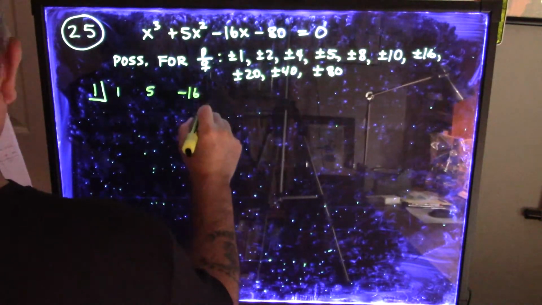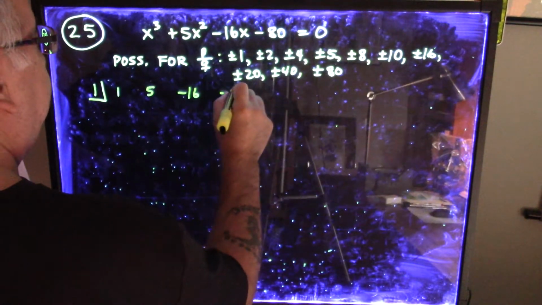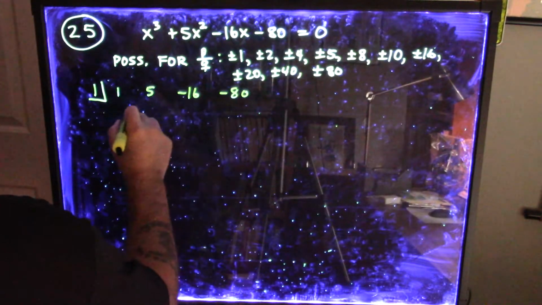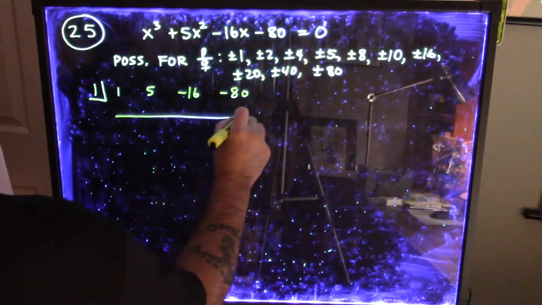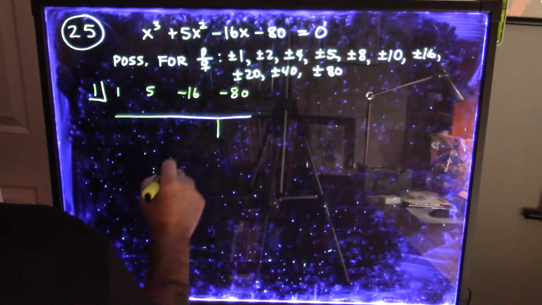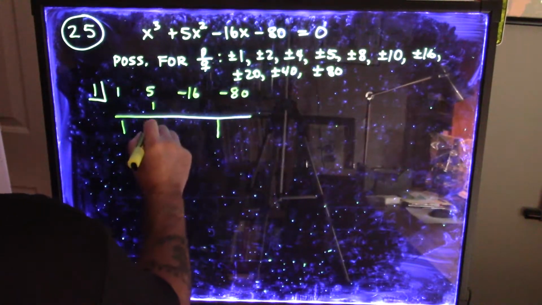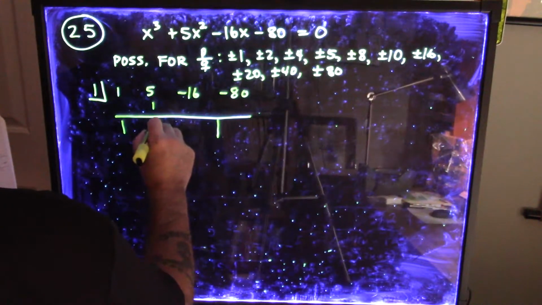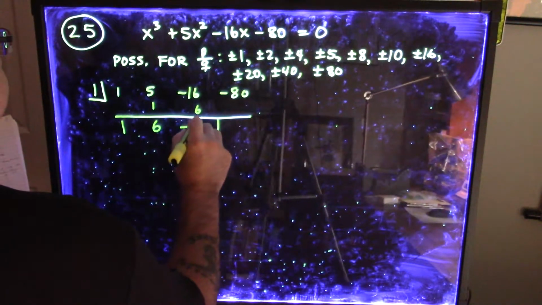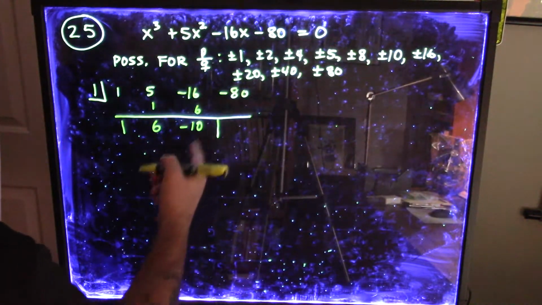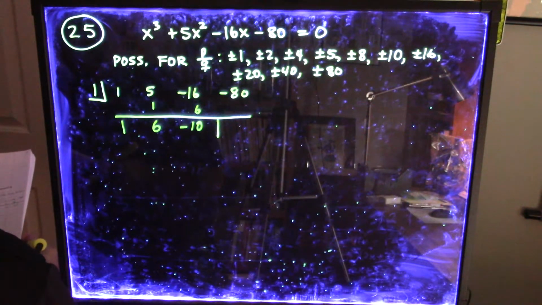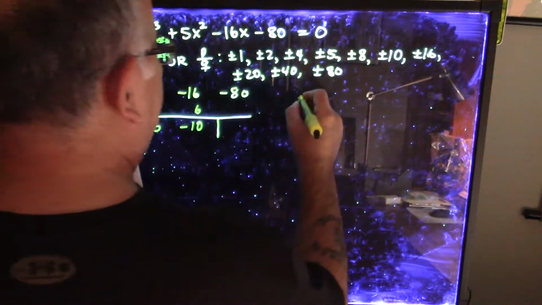So we'll try 1. That's what we usually end up trying first. 1's a nice simple number. Okay, we're not going to get a zero remainder here, so go to -1.